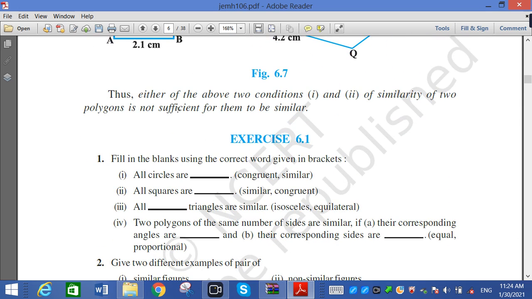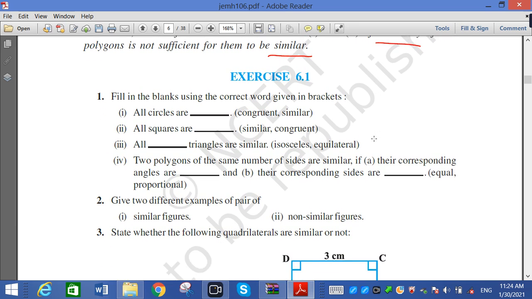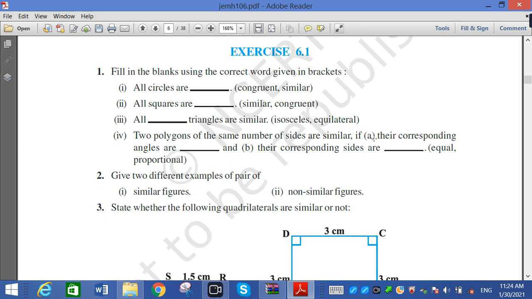Now, related to similarity and congruence, we have to solve exercise 6.1. See exercise 6.1, fill in the blanks using the proper words.